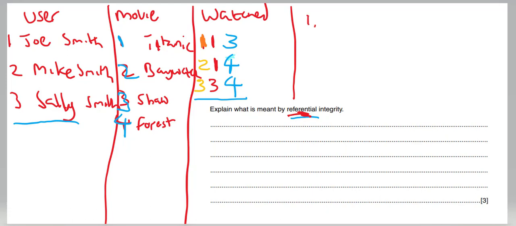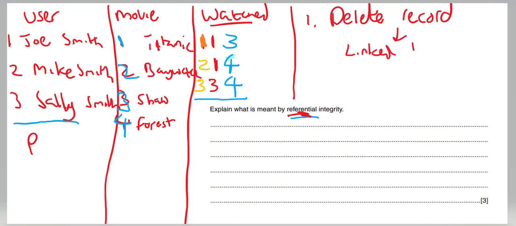Number 1 would be if we delete a user or delete a record in a primary table, we're going to call this a primary one, P for primary, then all the linked tables, such as this one, delete record, linked table, auto updates and deletes. We call this a cascade delete.